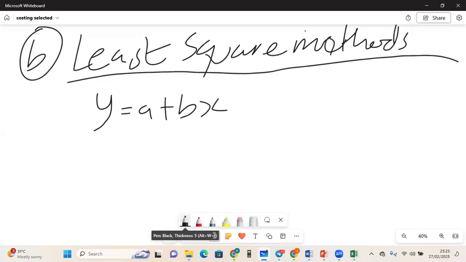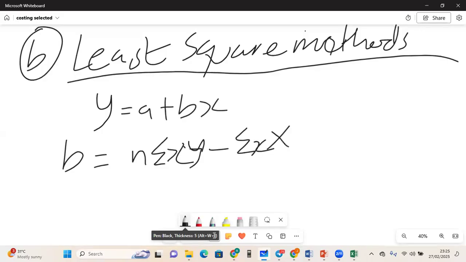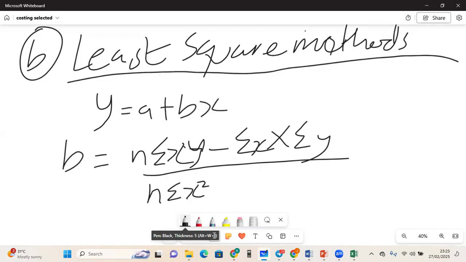If you want to get B in this equation, B is going to be N times the summation of xy, minus the summation of x times the summation of y, all over N times the summation of x squared, minus the summation of x, squared.